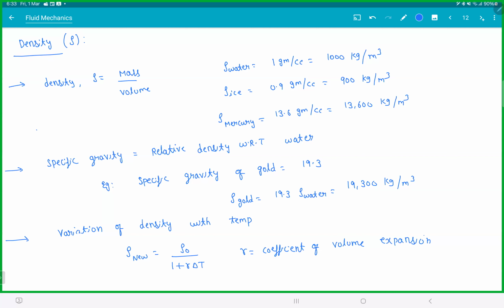The reason why we study density instead of mass is because the mass of the liquid will depend on the container, whereas the density of the liquid doesn't. Clear? Let's see a small question on this.